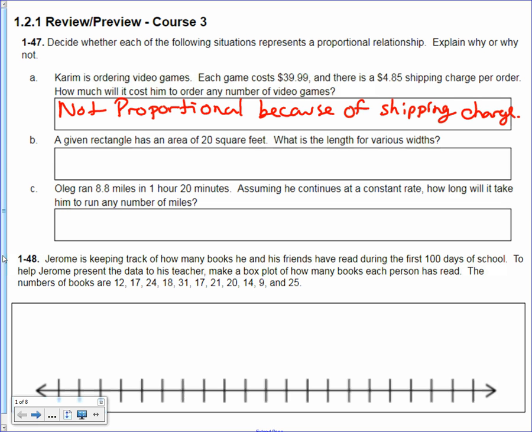Part B, a given rectangle has an area of 20 square feet. What's the length of various widths? So the correct answer is not proportional, because you can't have a width of 0.